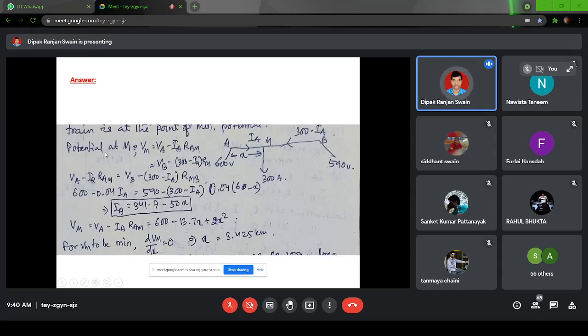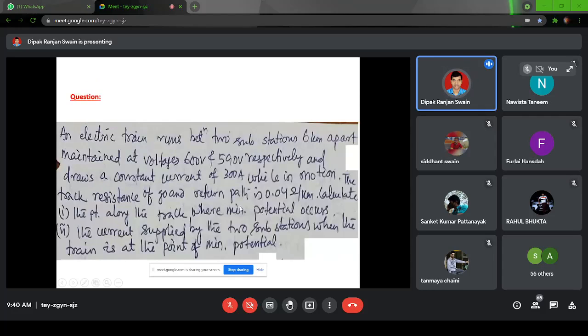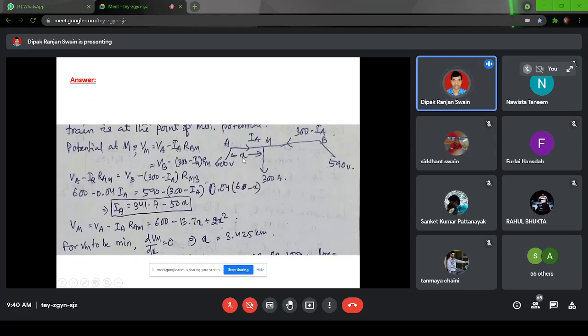So I am now calculating the potential at point M, moving from point A. Vm can be written as Va minus Ia Ram. Ram means the resistance of the distance AM. The resistance, to and fro, is given as 0.04 per kilometer, so for x kilometer, x into 0.04.